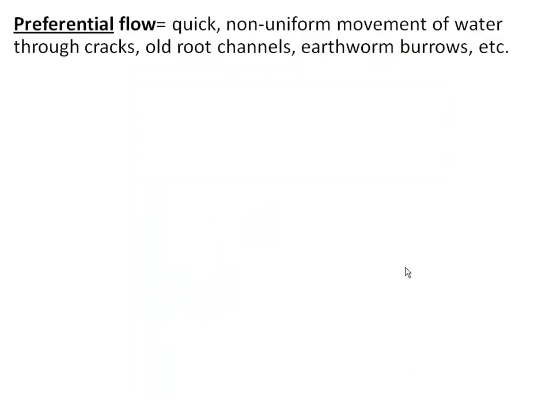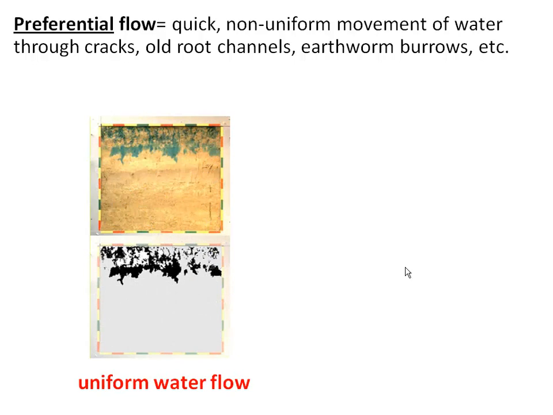The problem is that water is flowing in a mechanism that we call preferential flow. Preferential flow is the quick, non-uniform movement of water through cracks, root channels, and earthworm burrows, along with some other things as well. If we were to take a uniform soil without earthworm burrows, apply some blue dye at the top and take a face of that soil away, we would find that the water would go down to approximately a uniform depth.